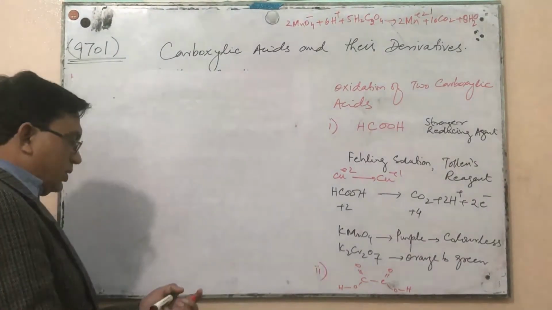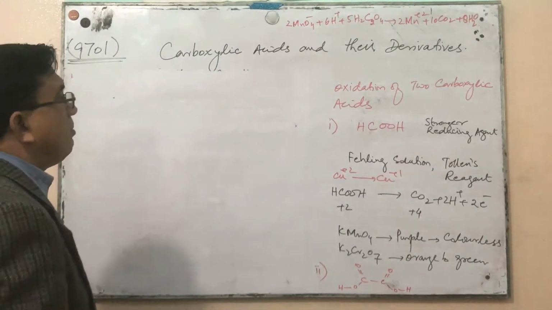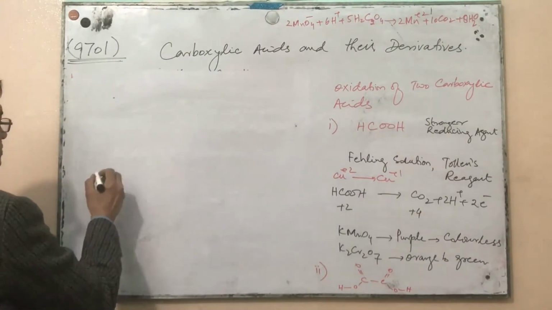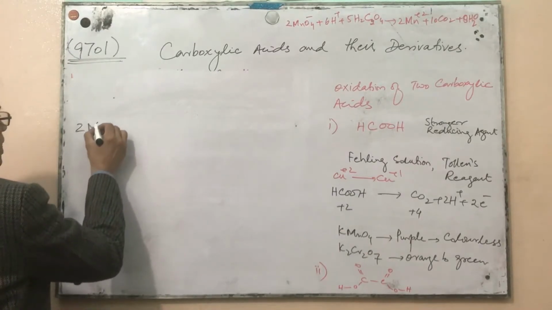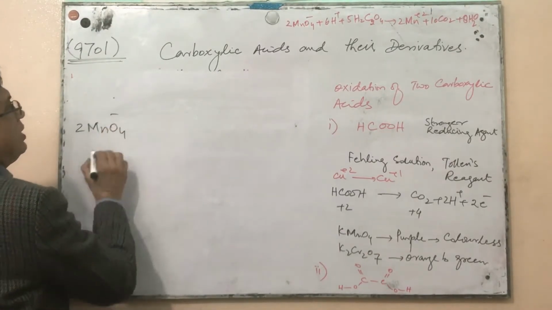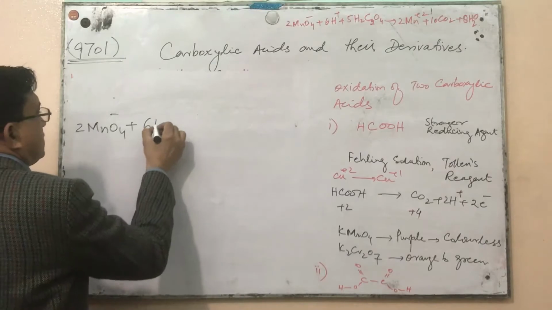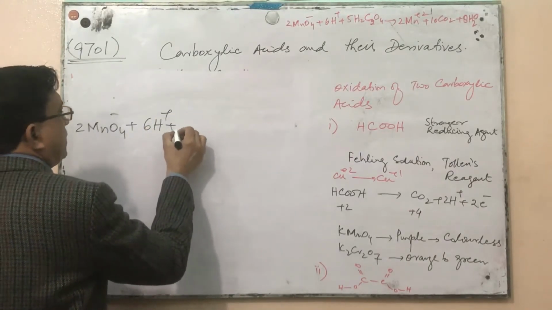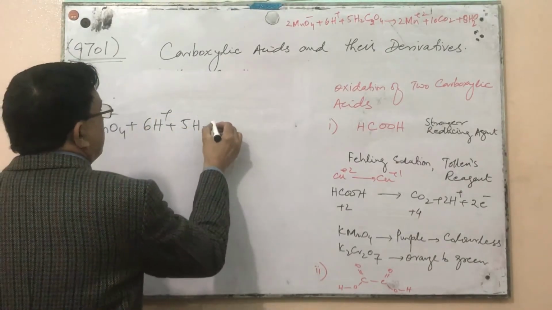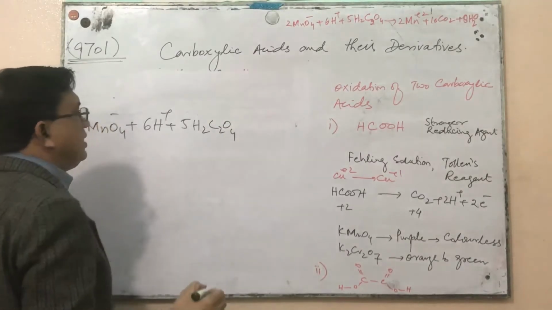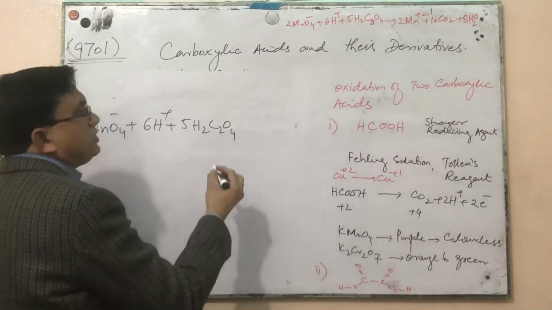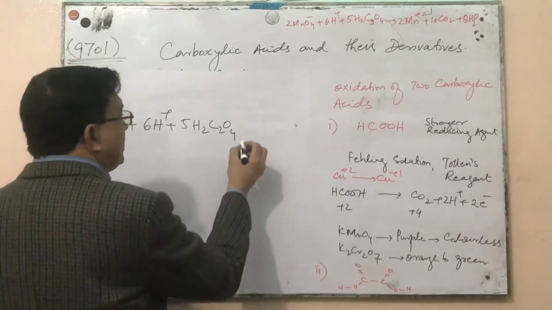Now the overall balanced equation is written as 2MnO4 minus plus 6H positive plus 5H2C2O4. This is ethanedioic acid, which is also commonly called oxalic acid.